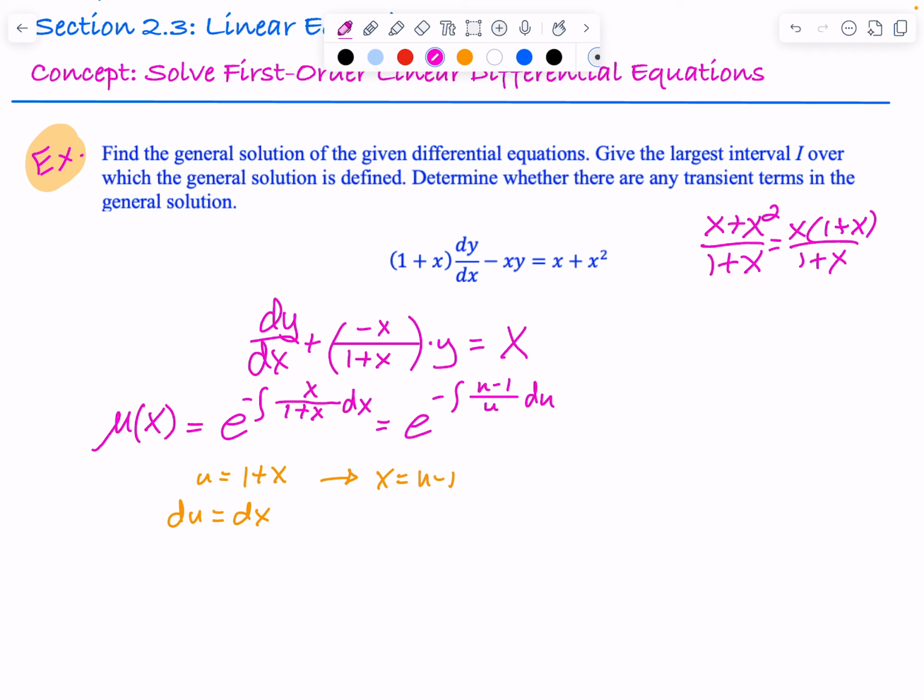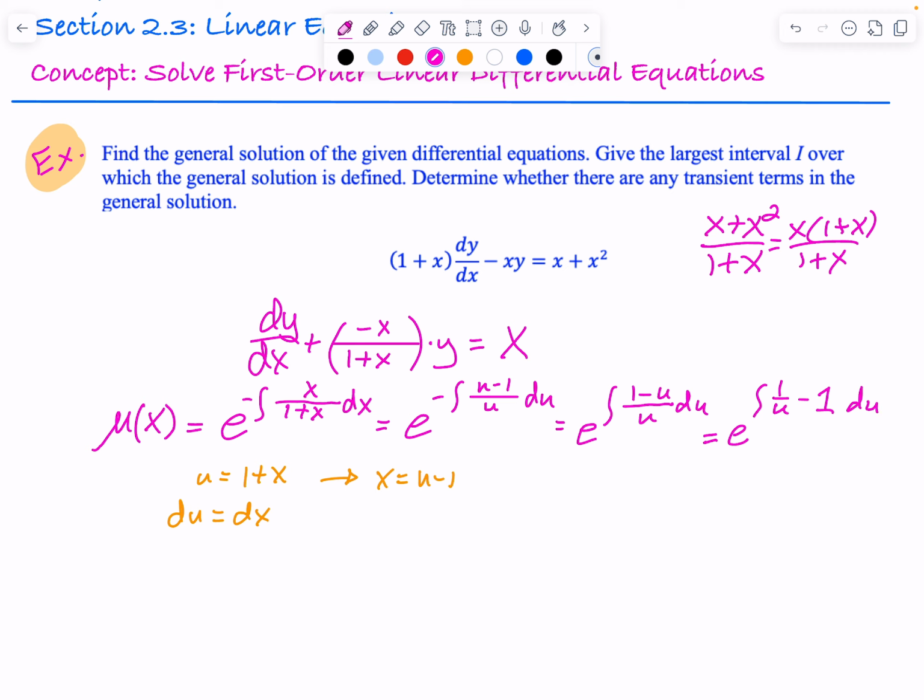Now, this is a bit tricky. First, I'm going to rewrite. I distributed the negative, I just don't want to deal with it. So this is e to the integral, and if I divide now, I get 1 over u minus 1 du.